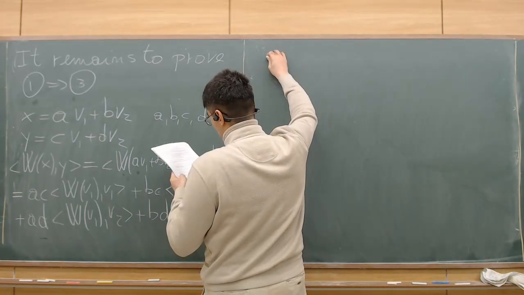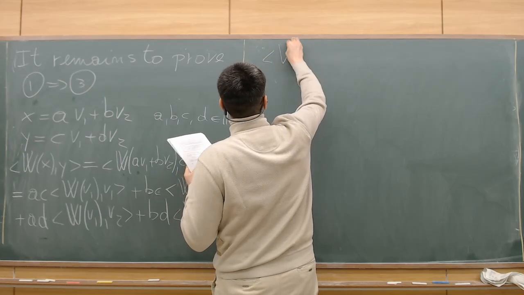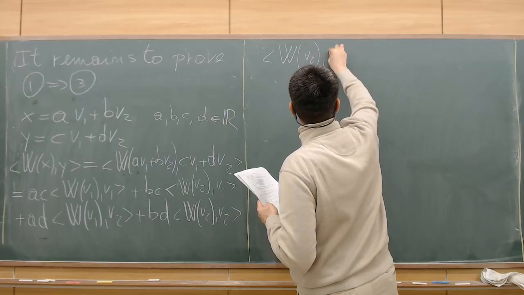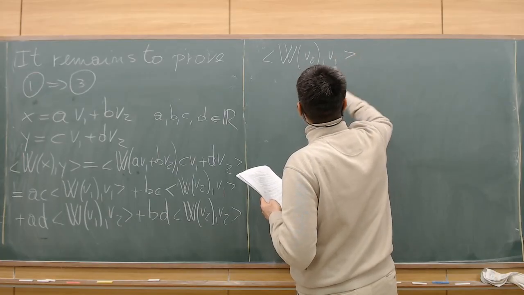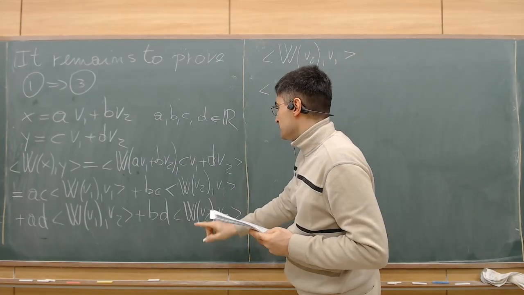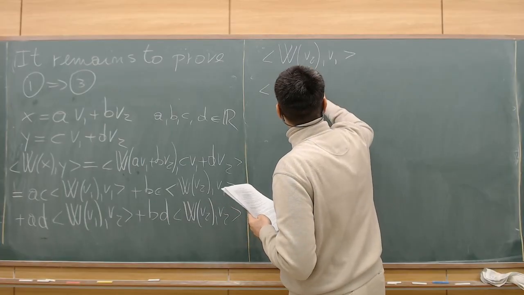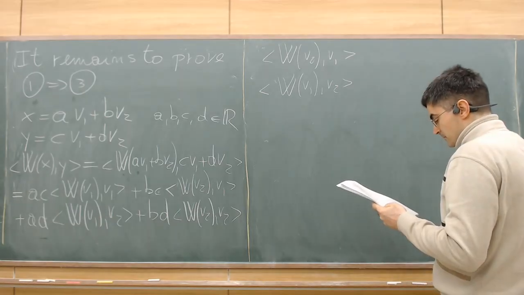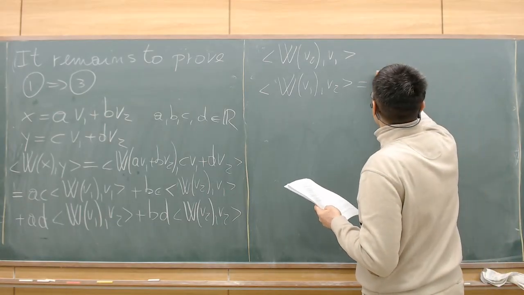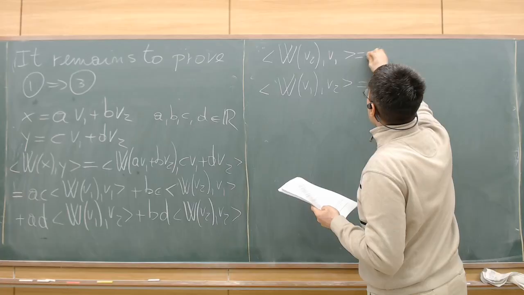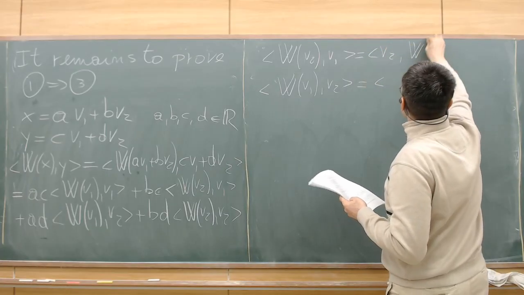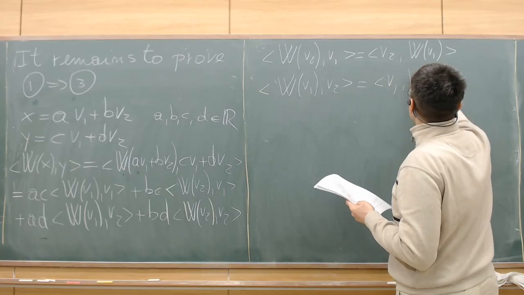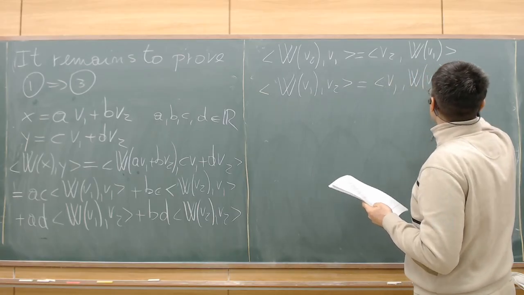This means that W V2 V1 and W V1 V2 coincide with V2 W V1 and V1 W V2.